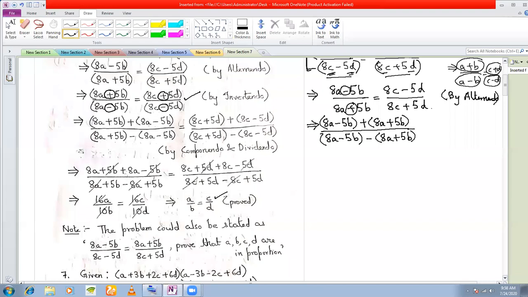This is by componendo and dividendo. Similarly, I do for the second fraction also. 8c minus 5d plus 8c plus 5d. This is the numerator, this is the denominator. Okay, and we take all these within brackets.